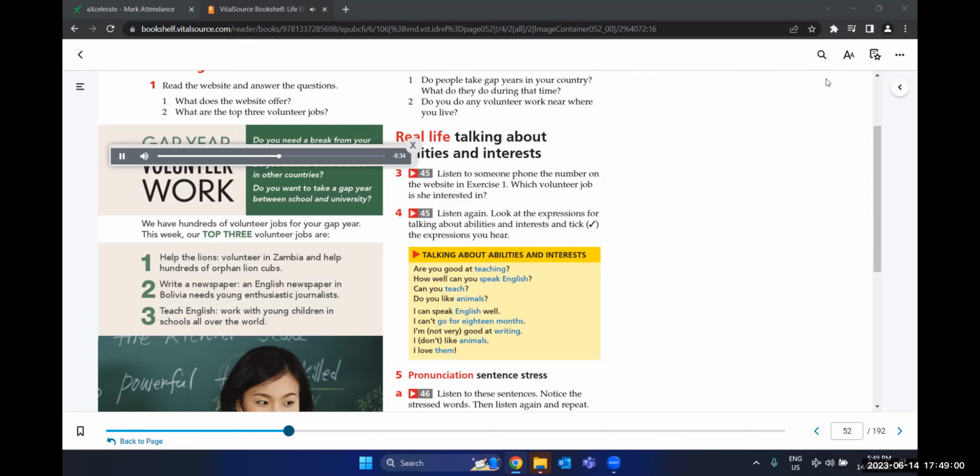Can you write? There's an English newspaper in Bolivia. They need journalists, but it's for 18 months. No, I can't go for 18 months. I'm not very good at writing. Is there anything else? Do you like animals? Yes, I love them. The job is here. It's with lions. Wow, sounds interesting. What's the job exactly?